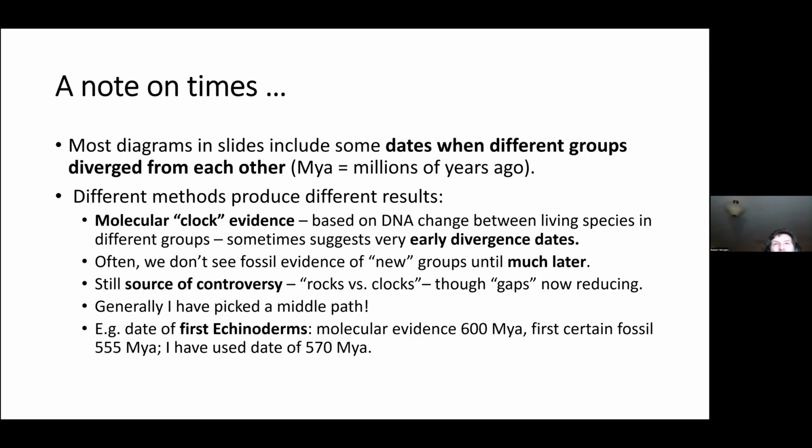Okay, in the diagrams that I'm going to show of these family trees, I put some dates in when it's thought that two different groups diverged from each other. Now, how do we know when this was? Well, the obvious thing is to look in the fossil record for new types of organisms arising.